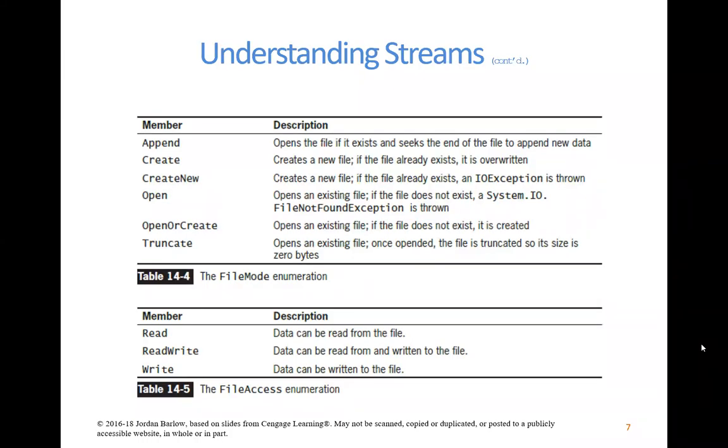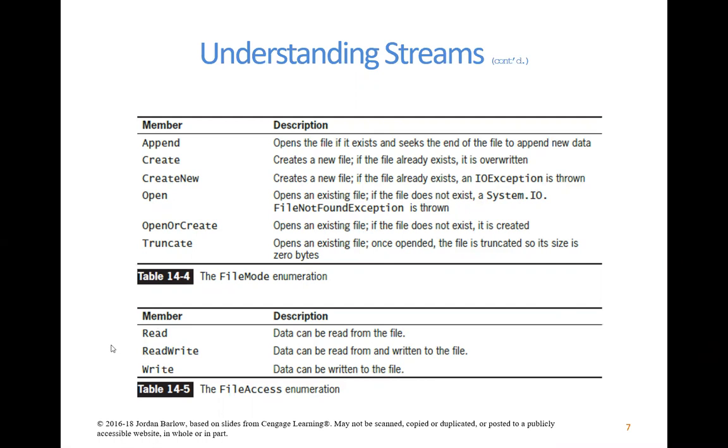This screen shows the different options that are available for the second and third inputs within the parentheses following the new FileStream keywords. In this class, we're just going to be using Create for the file mode when we're writing to a file, and Write for the file access.